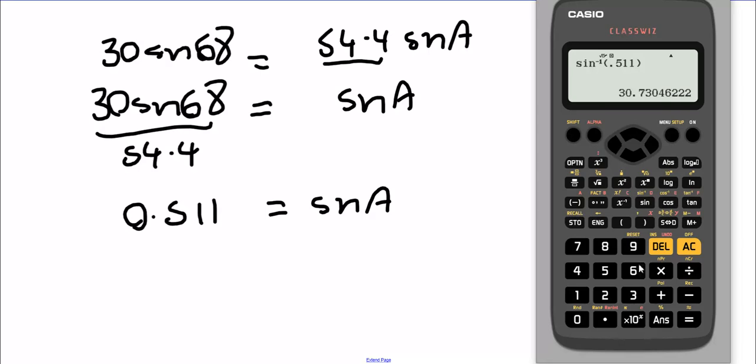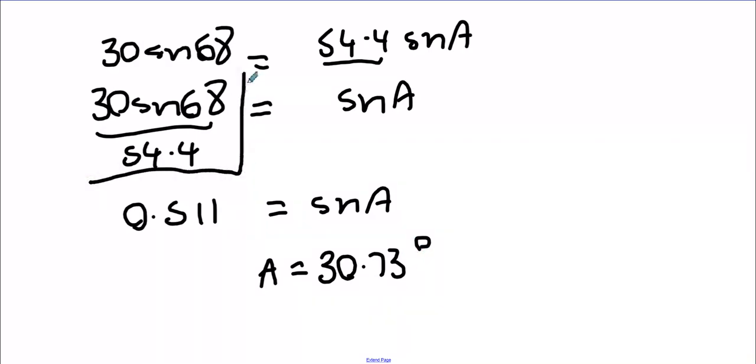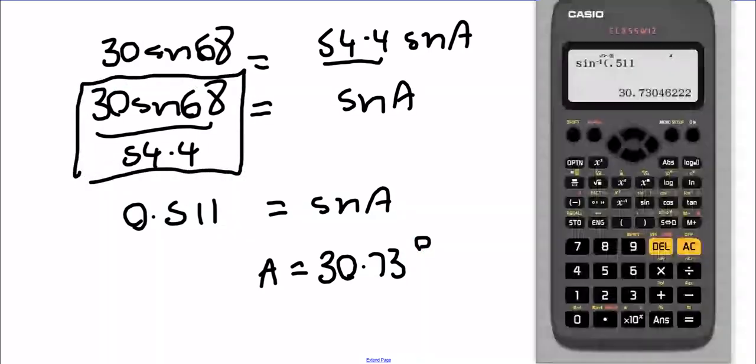Now, apparently if we don't round this off, we keep this a bit bigger. See the way I got shift sine inverse 0.511, and I got 30.73. Now, I'm just wondering what happens if I just sine inverse the full thing and don't do any rounding.